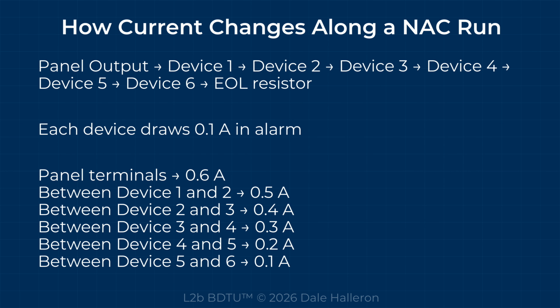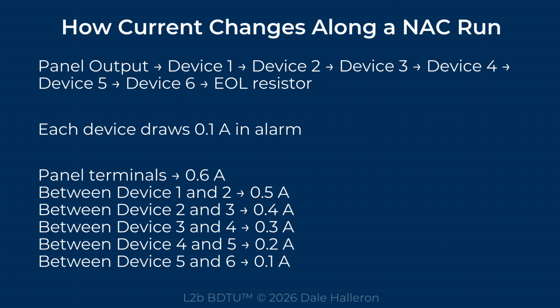How current changes along a NAC run. Panel output goes to device 1, 2, 3, 4, 5, 6, and eventually hits the end-of-line resistor. In our example, each device draws 0.1 amps in alarm.